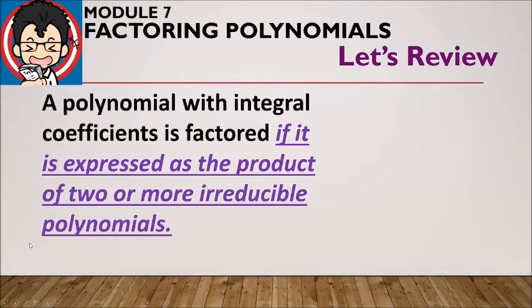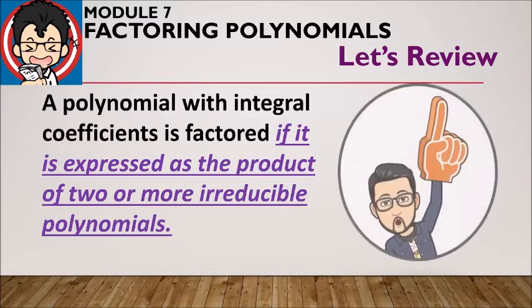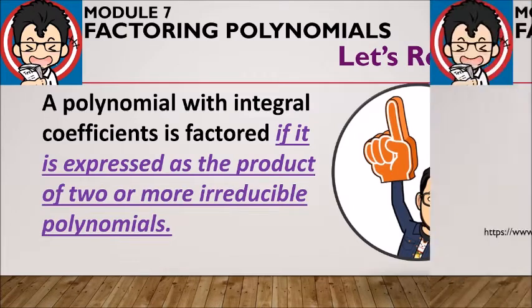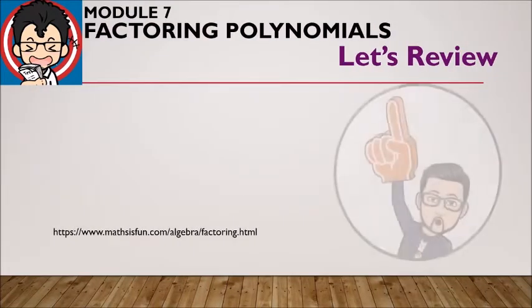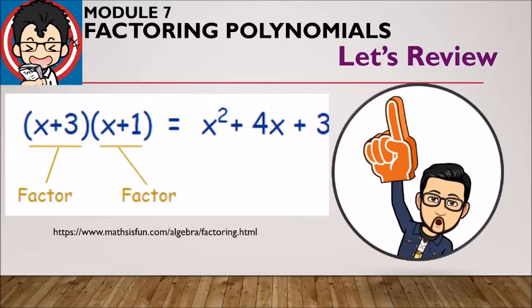Tatandaan natin na when we factor a polynomial, dapat the polynomial should be expressed as the product of two or more irreducible polynomials. Now guys, take note of the word irreducible. Make sure na hindi na siya factorable. Parang ganito.